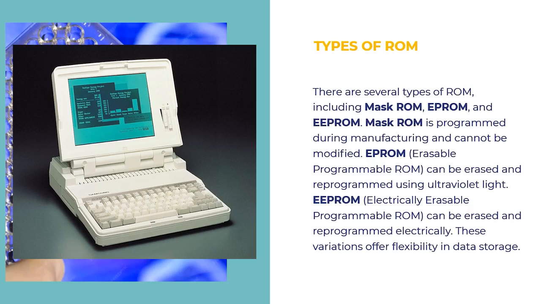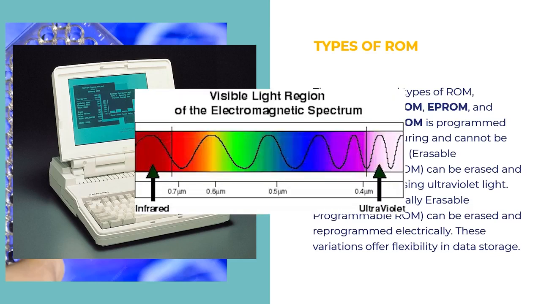Now, what happened? The EEPROM was tricky because it was able to have files deleted using ultraviolet light, and the sun's rays have ultraviolet light. The sun's rays start from infrared, red, orange, yellow, green, blue, violet, and then ultraviolet.